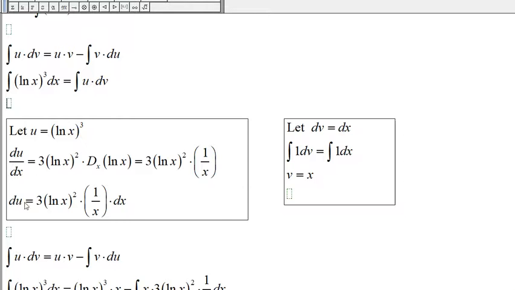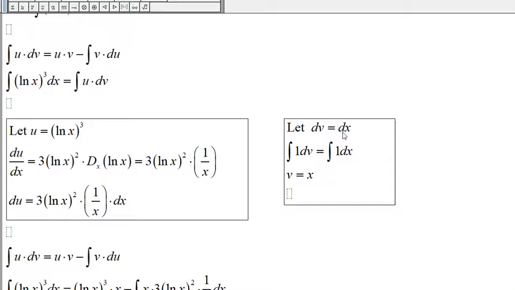So we get du is 3 times the natural log of x squared times 1 over x times dx. And we let dv be dx.